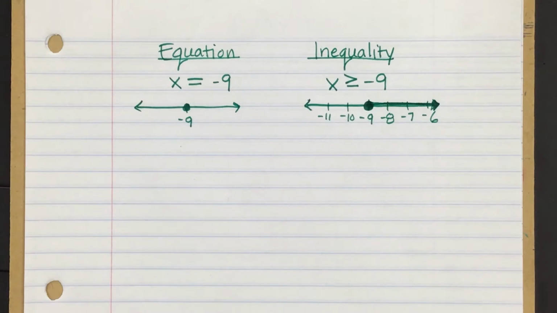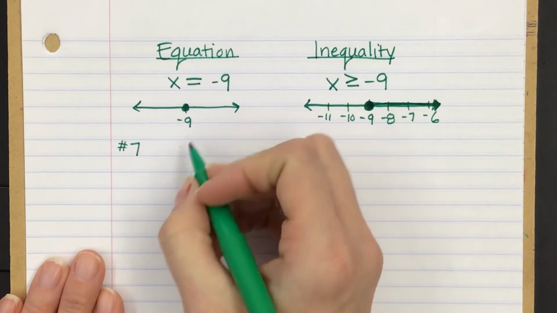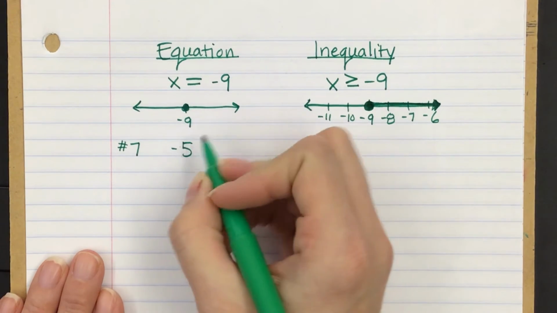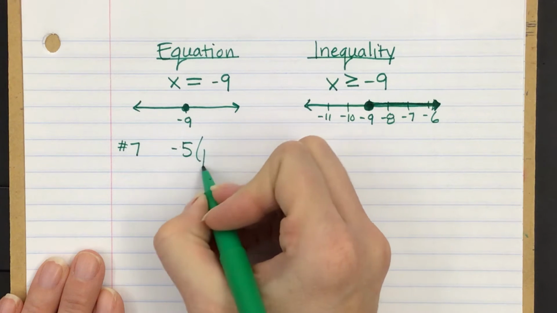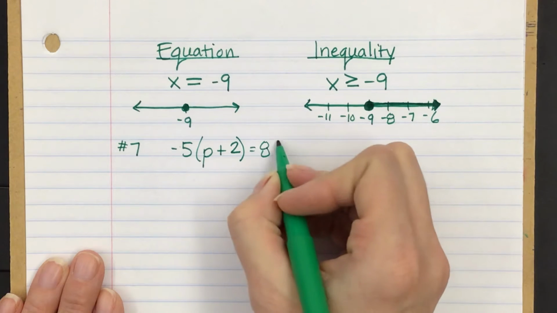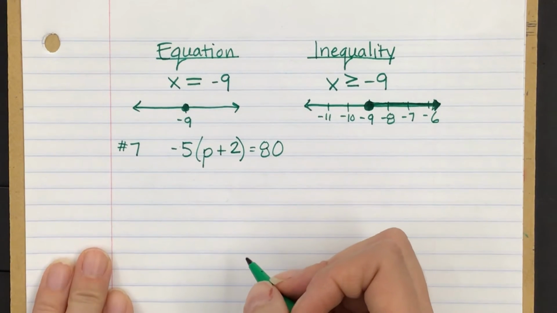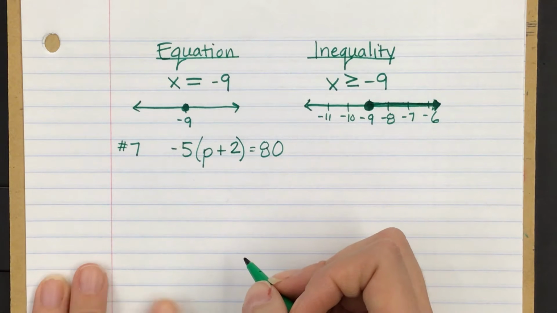So let's take a look here at number 7 on your equation study guide. We have -5 times the quantity p plus 2 is equal to -80. Remember, when there is grouping, we can multiply and divide first. There's a couple different ways we can do it.